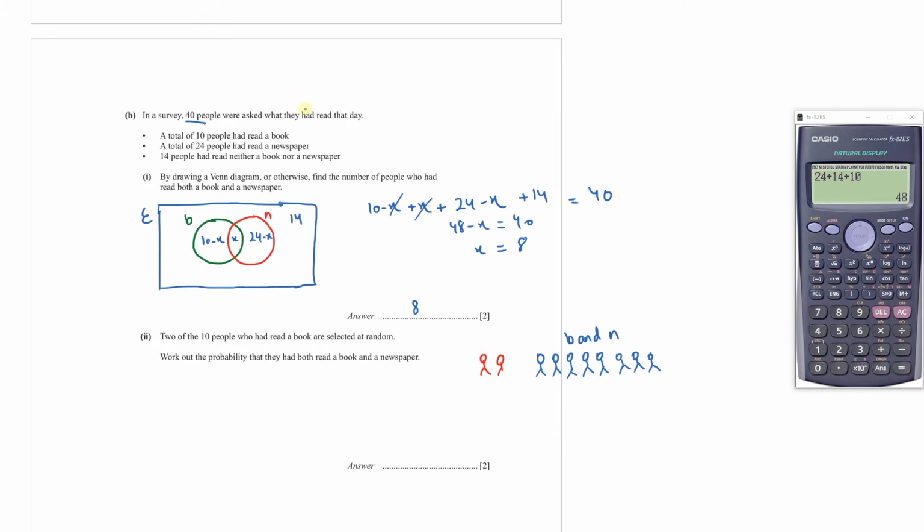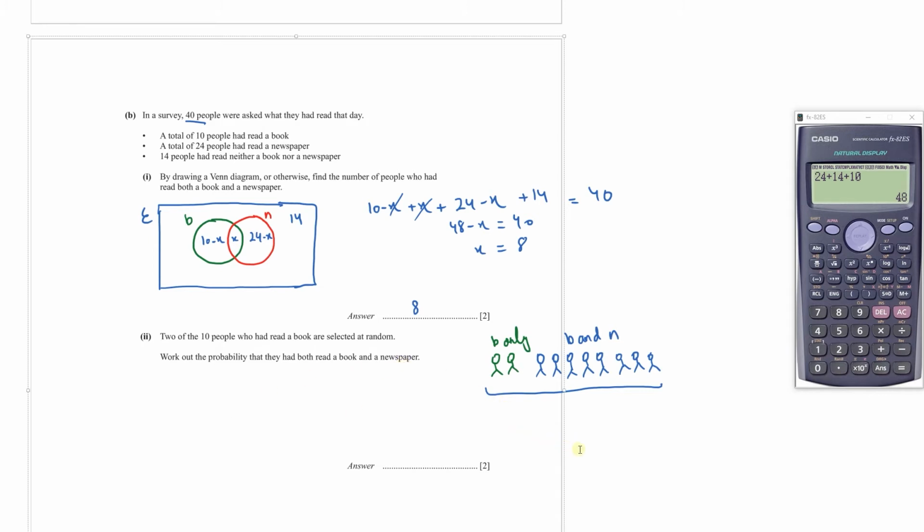Let me represent this in green since I have green here for the books. 2 people had read the book only. Now, out of these 10 people, you are choosing 2 people and you work out the probability that the 2 chosen people both had read the book as well as the newspaper.